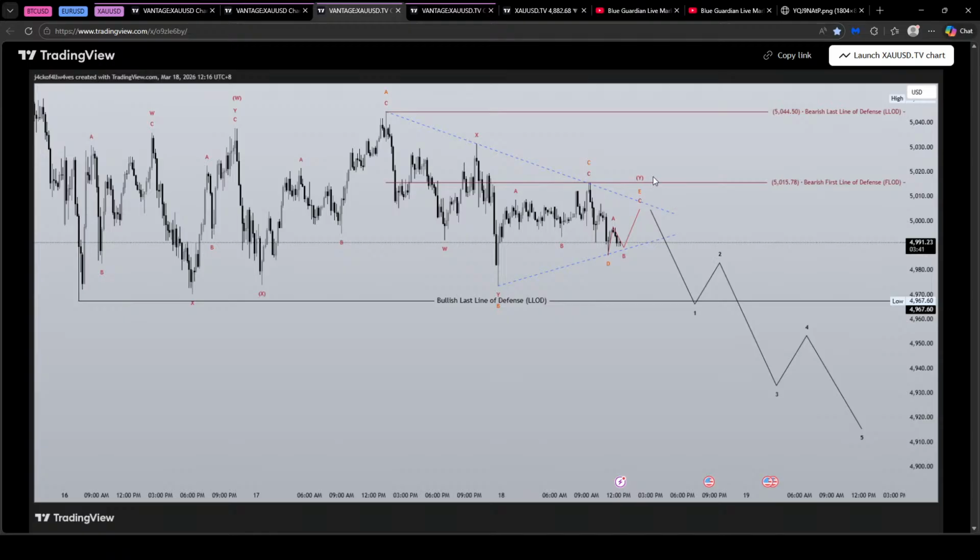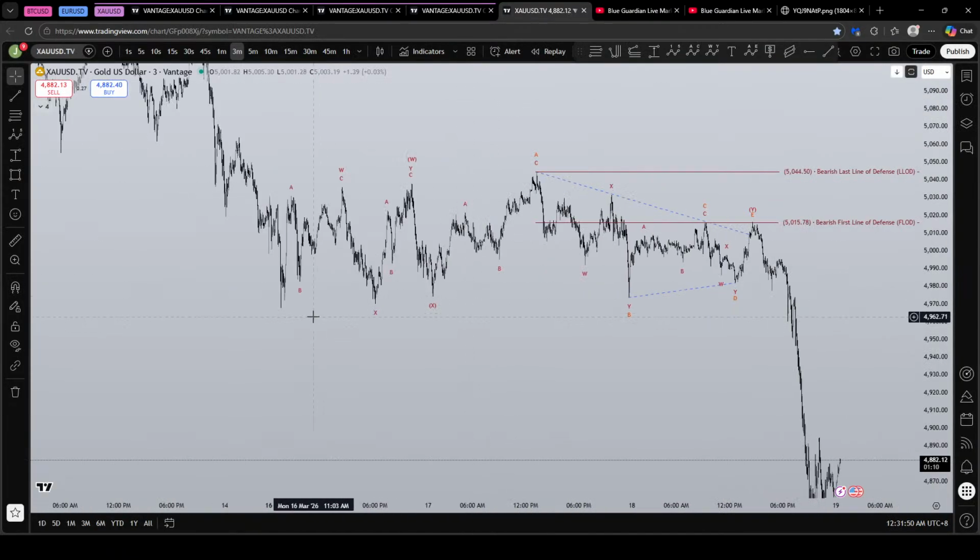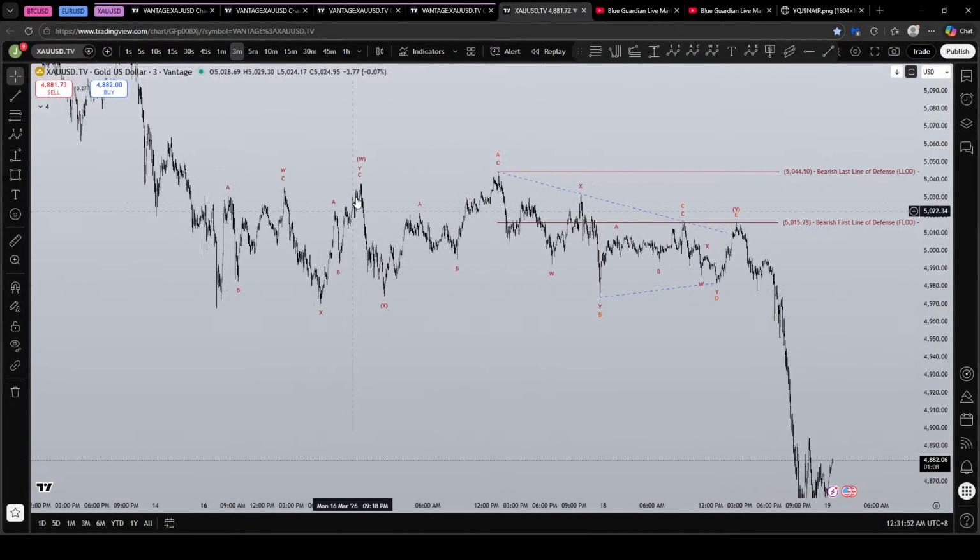So once we complete the internal waves of this wave E of Y, then I am expecting 5 waves down. By the way, this type of structure is what we call a combination. This is not a triangle, because if I label the entire structure as a triangle, it will break the trend line of a possible triangle.